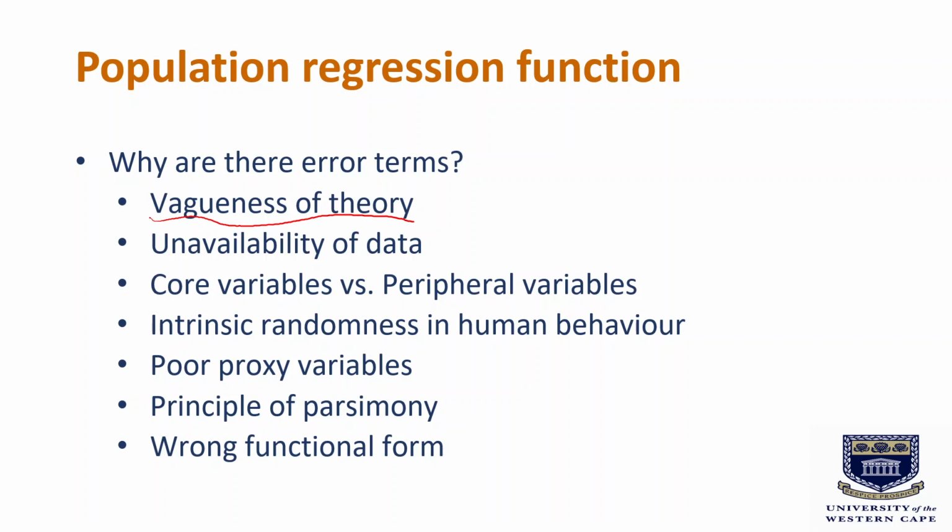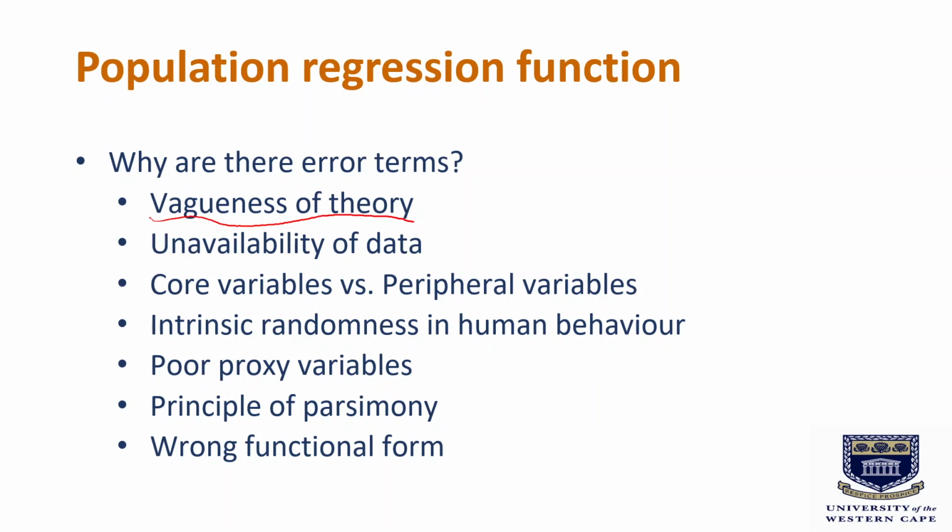In our regression model that tries to explain the relationship between income and expenditure, there might be several other things that also explain consumption expenditure among households, other than weekly income. And if that is the case, it necessarily implies that our model, or our theory, is quite vague.